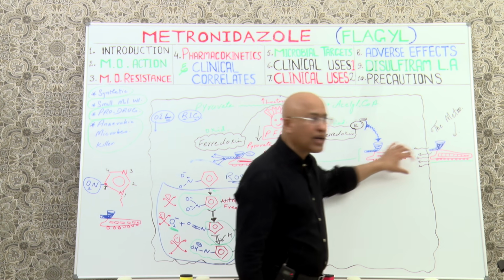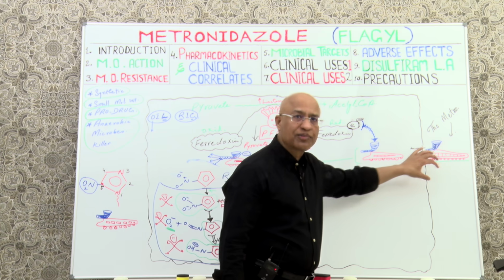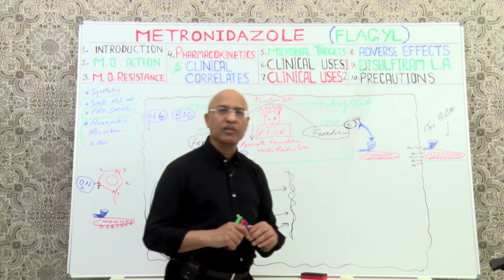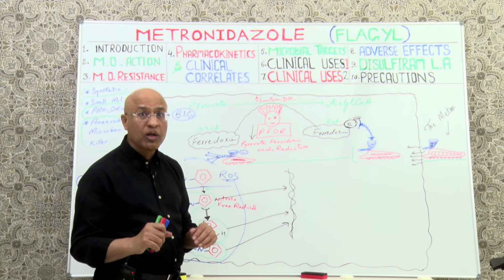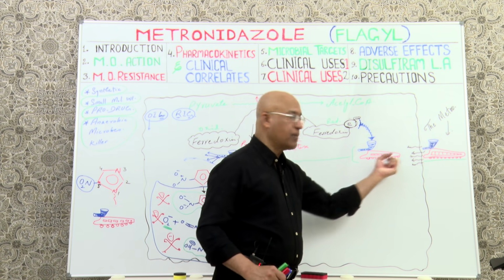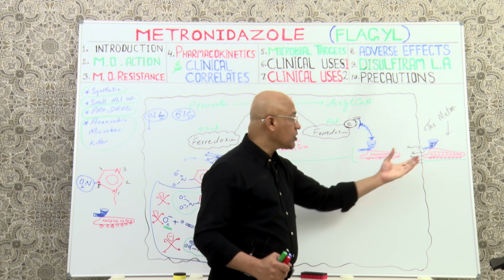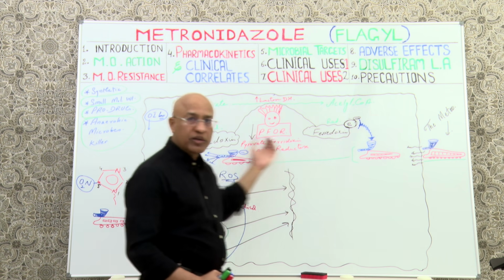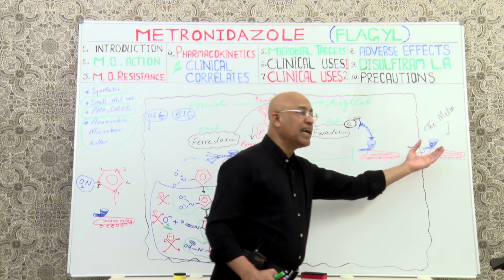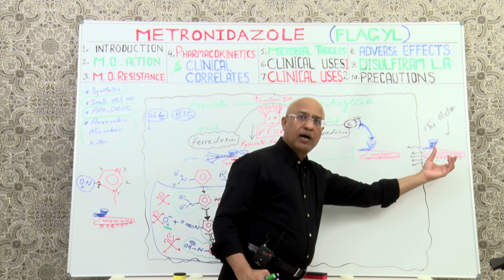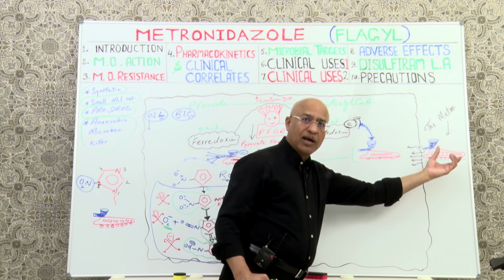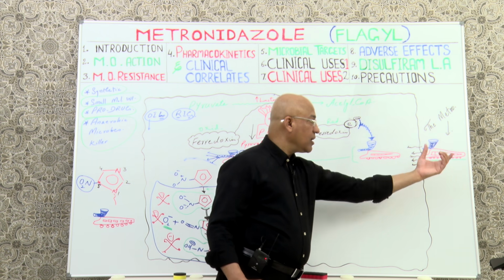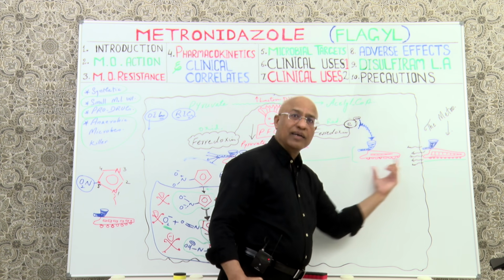But another thing: once metronidazole is not activated, it accumulates in the cell in inactive form. Do you think more inactive drug will come in? No. So uptake of metronidazole will also be reduced, because in anaerobic organisms susceptible to metronidazole there is a very high uptake. Why? Because whatever molecules of metronidazole enter are converted into active form, and more molecules of the drug enter the cell under the concentration gradient.